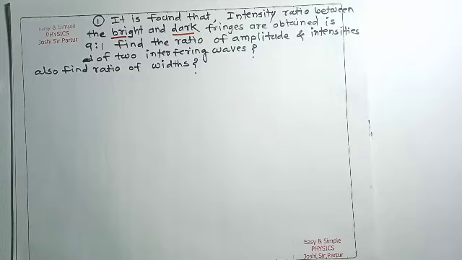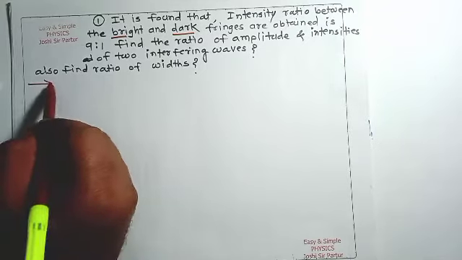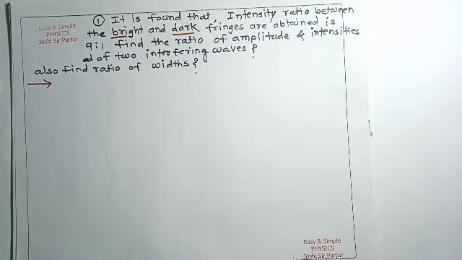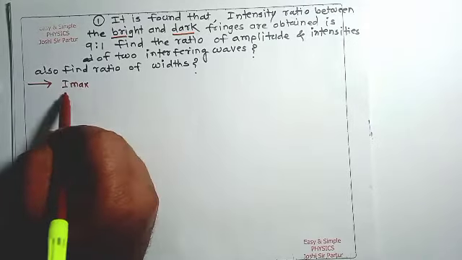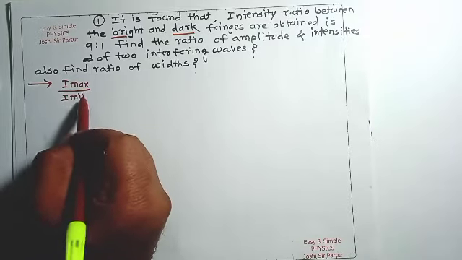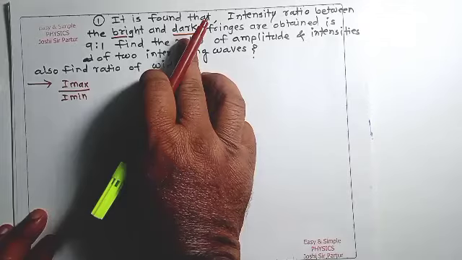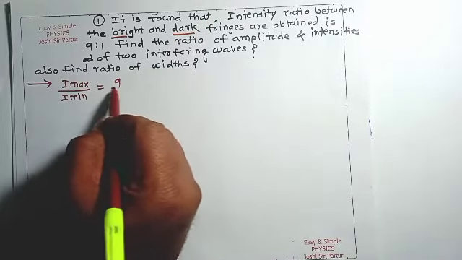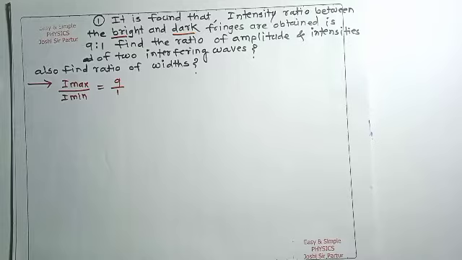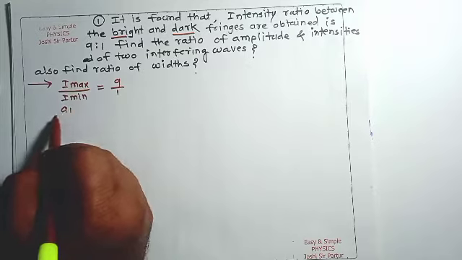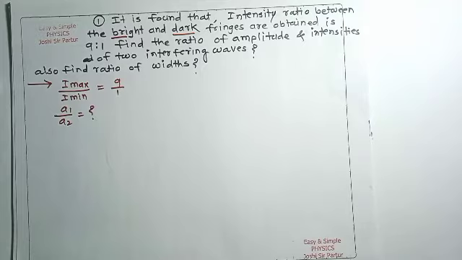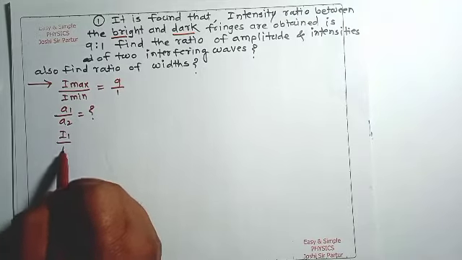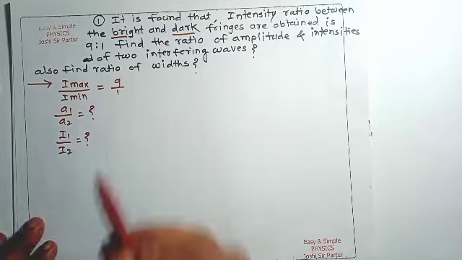So for such type of example we can take I maximum upon I minimum, meaning bright and dark fringes, given as 9 upon 1. That is the given data. And we want to find the ratio of their amplitude A1 upon A2, question mark. Again, we want to find I1 upon I2, another question mark.